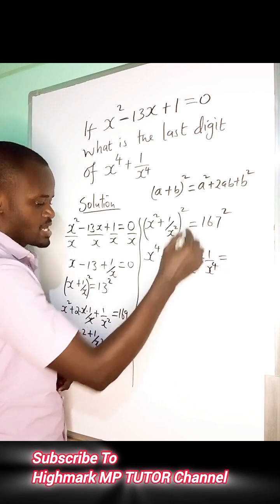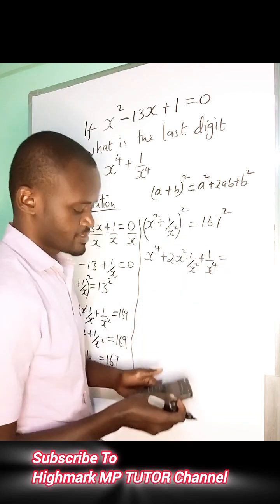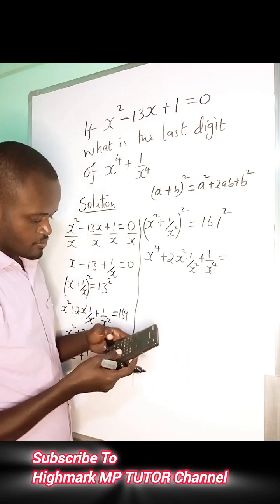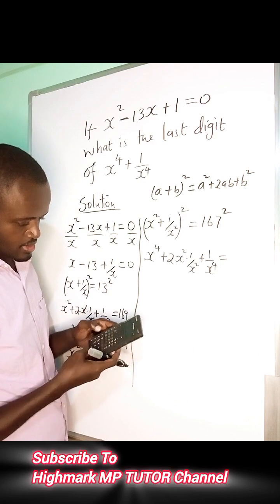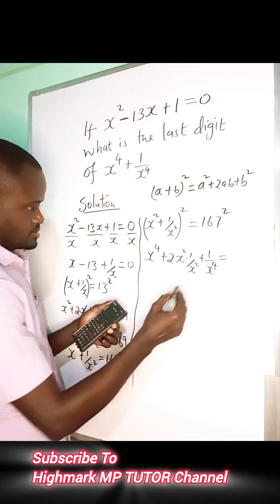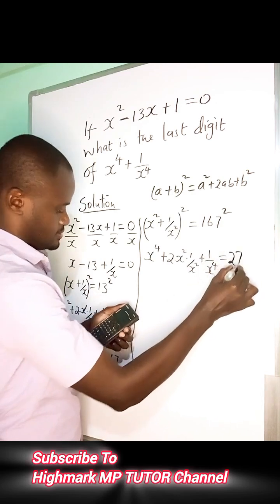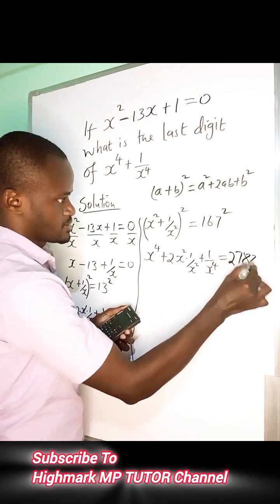And then on the right hand side, we have 167 squared. Well, from my calculator, 167 squared, that should give us 27,889.